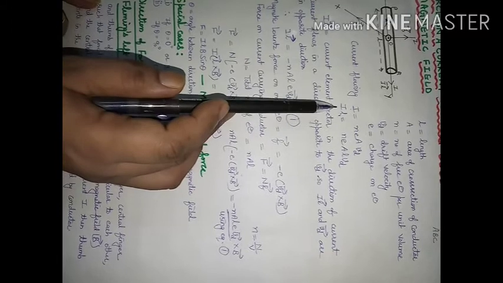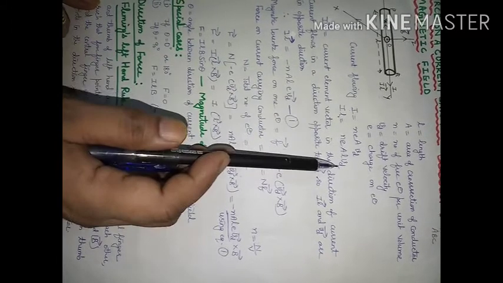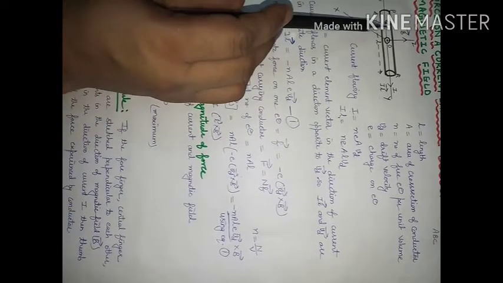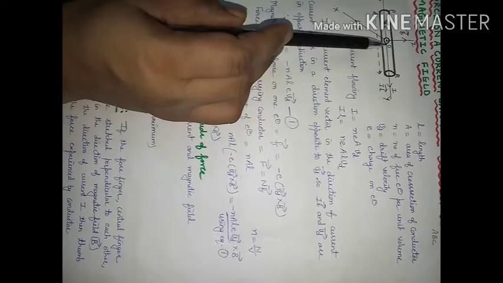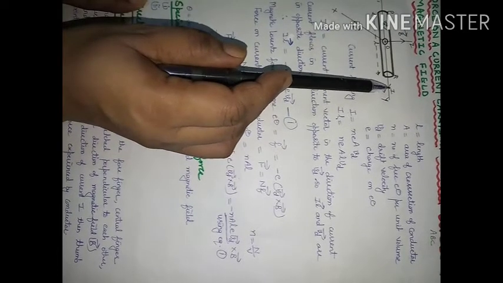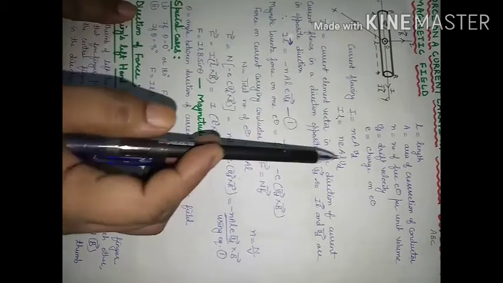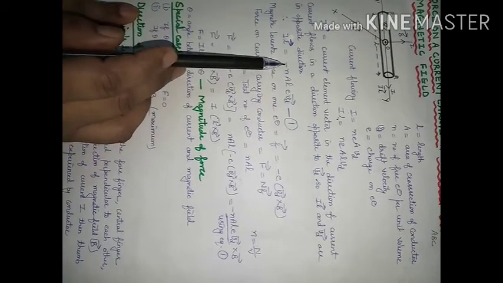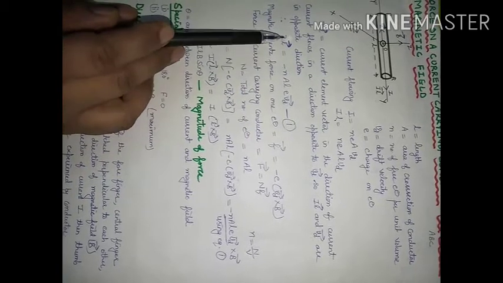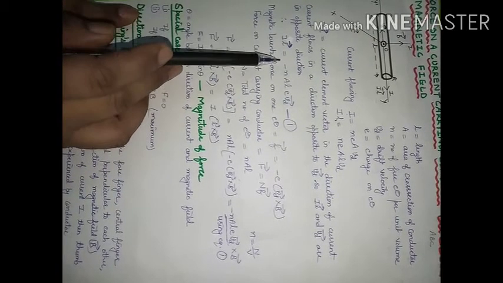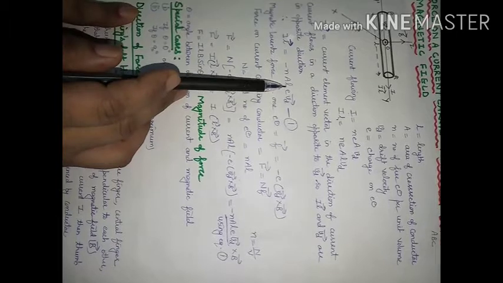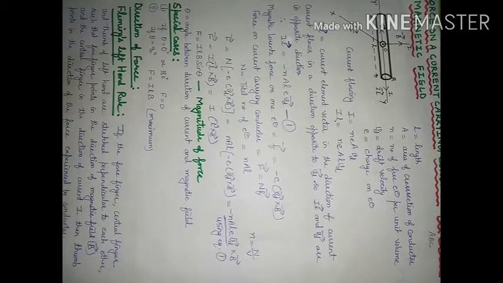Now current flows in a direction opposite to the flow of electrons. If electrons are flowing in this direction, current will flow in this direction. So the direction of IL and Vd will be opposite. So when we use vectors, a negative sign will come in this equation. IL vector will be equal to minus nALe Vd vector.